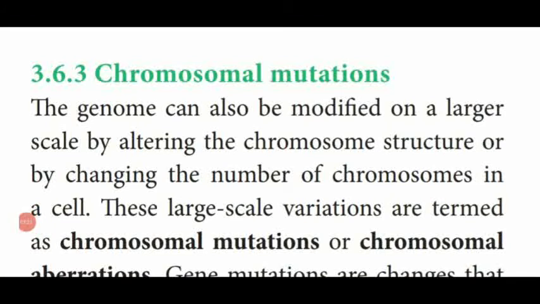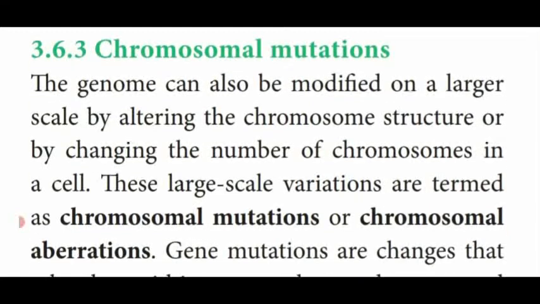Dear students, the topic is chromosomal mutation. The changes occurring in the chromosomal number or structure of a chromosome is known as chromosomal mutation. The changes occurring in the structure and the number of chromosomes due to mutation is known as chromosomal mutation.